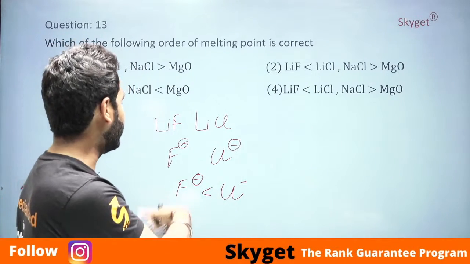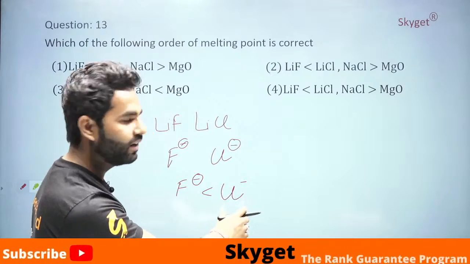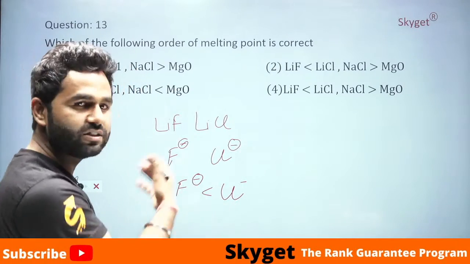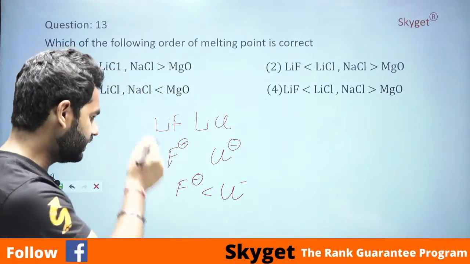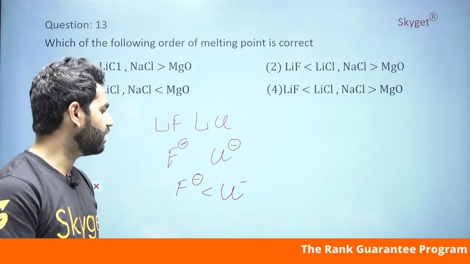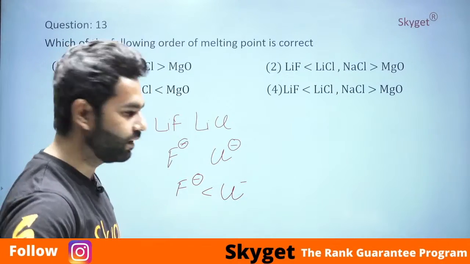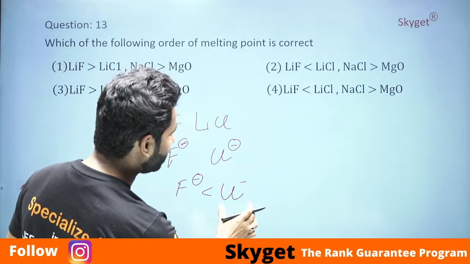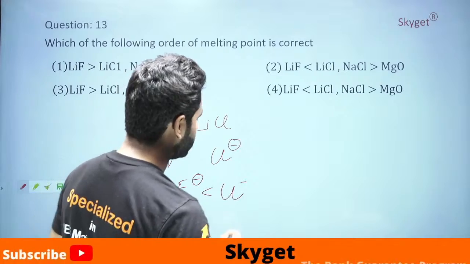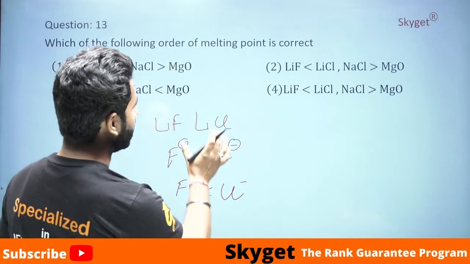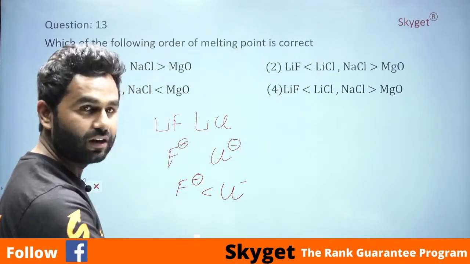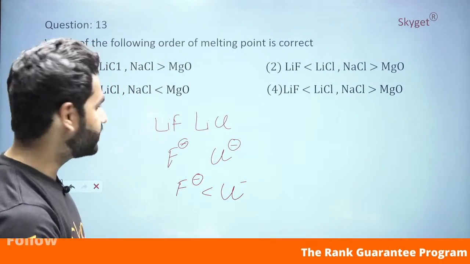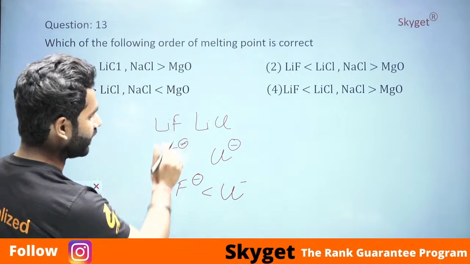Here the chloride ion has a larger ionic radius compared to the fluoride ion, and we know that lattice energy depends inversely upon the sum of ionic radii. So if we have chloride's larger size, it means the lattice energy of the compound containing chloride ion is lower as compared to the compound containing fluoride.